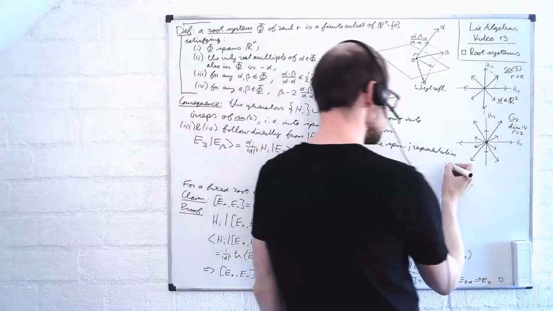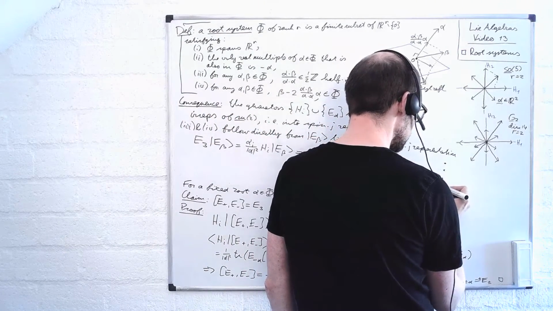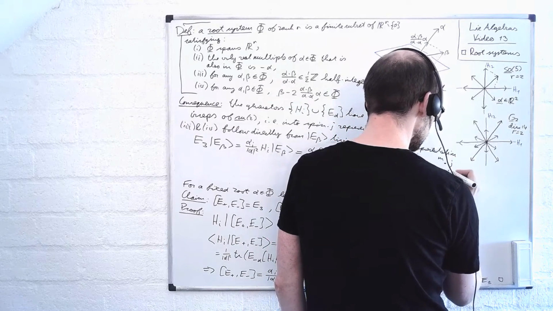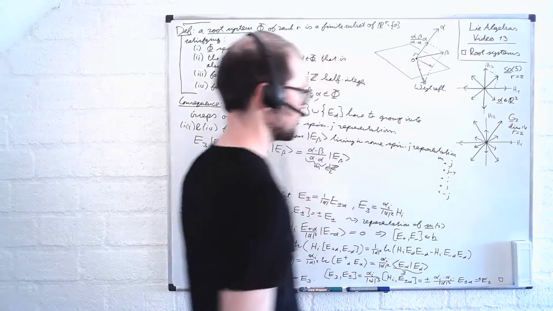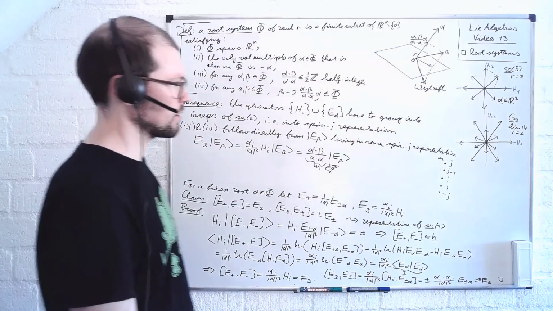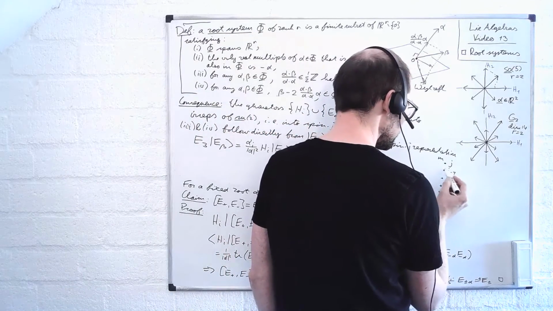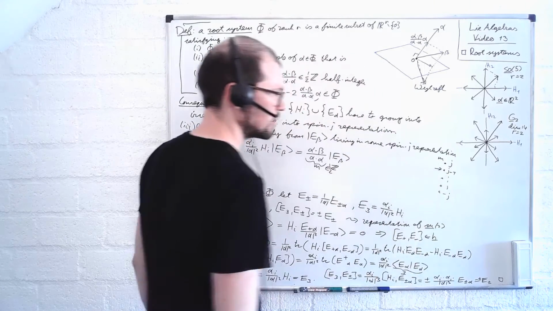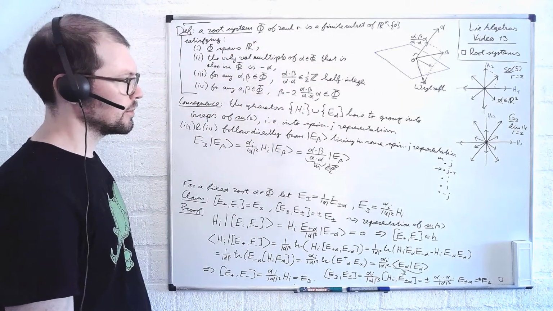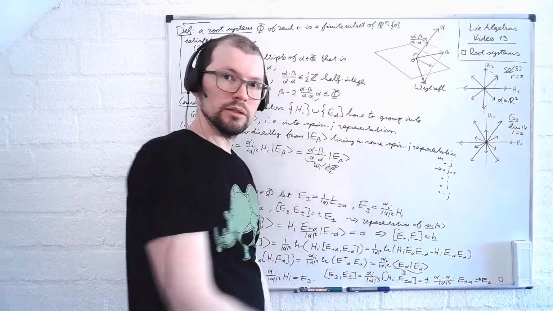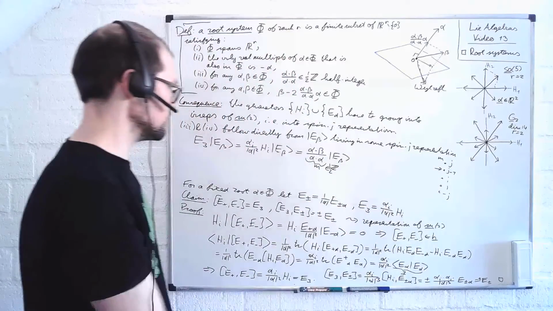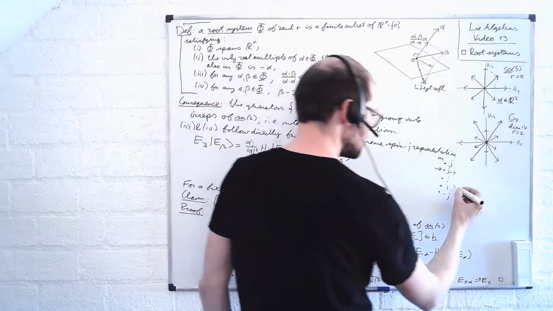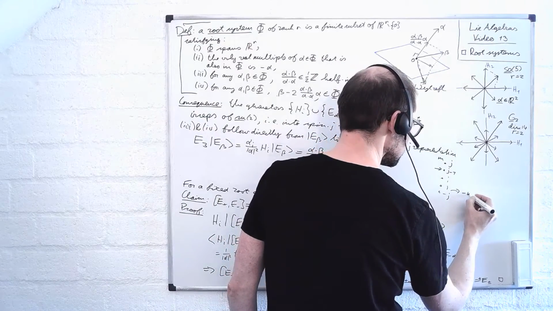Remember, in SU(2) we have m running from minus J up to J. So perhaps this vector E of beta is living here. But then we know that we can lower this vector E of beta by applying E minus to get to a state at minus m.